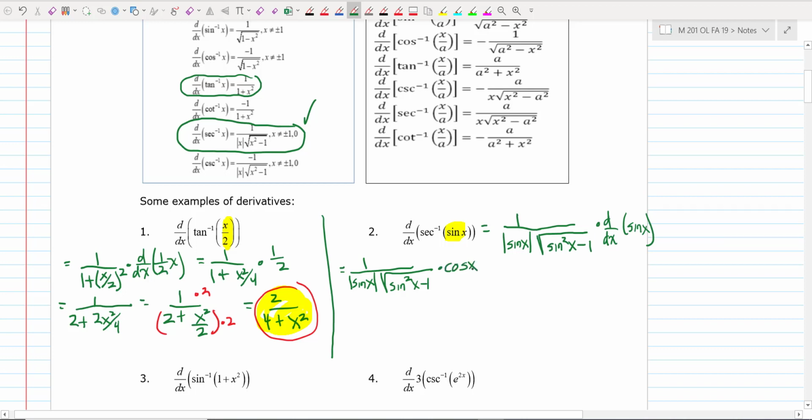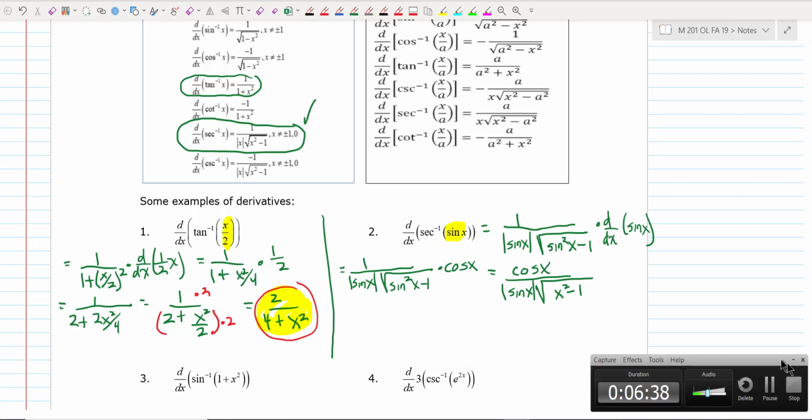I do want to simplify this a little bit and just show you a couple things, mainly with this absolute value and how you'd need to treat this. So you would have cosine of x over the absolute value of the sine x times the square root of x squared minus 1, like that. Okay? So what could we do with this?